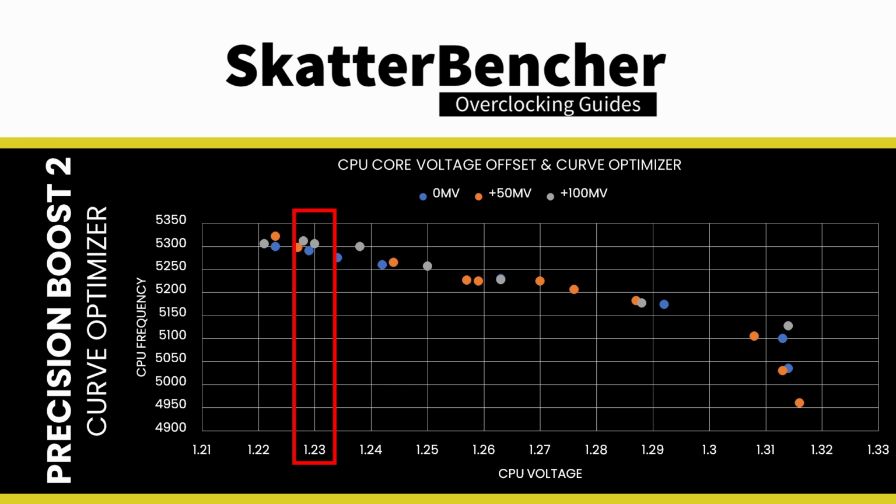We can see that at 1.23 volt, the frequency is 5290 MHz with a -29 curve optimizer and no voltage offset, 5298 MHz with a -50 curve optimizer and plus 50 mV offset, and 5306 MHz with a -62 curve optimizer and plus 100 mV offset.